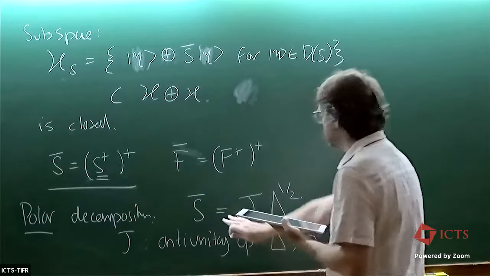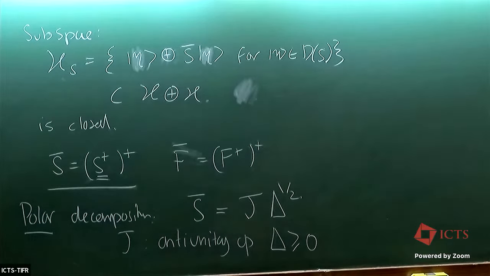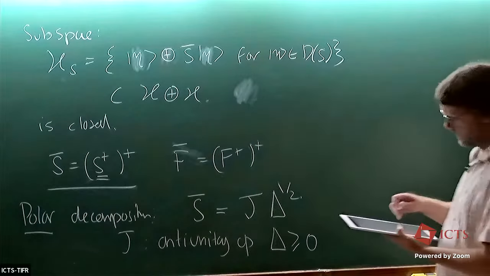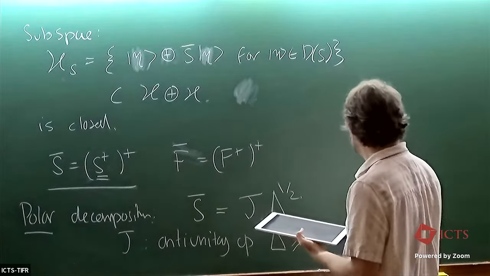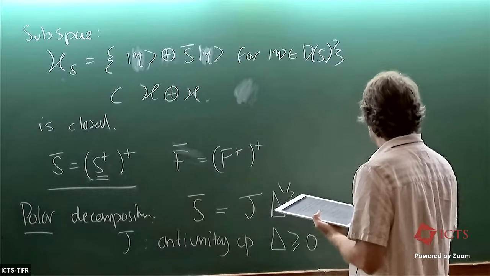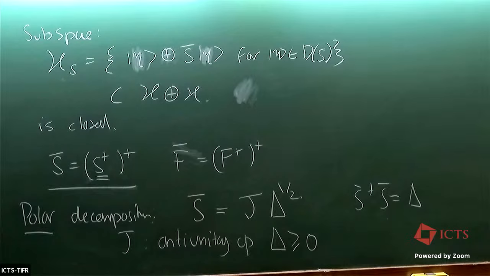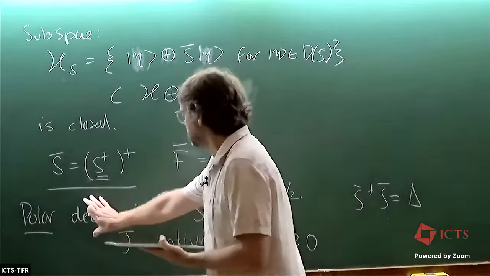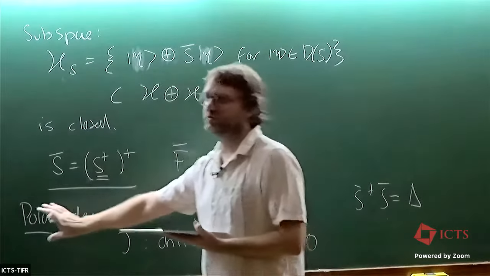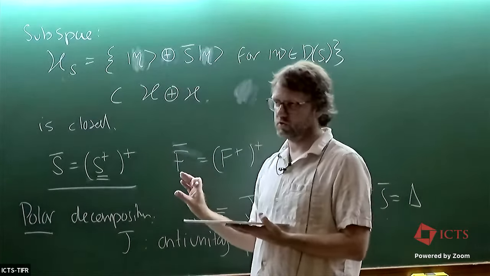So that's the polar decomposition in this form, and we're allowed to do it now. And in particular, S bar dagger S bar is delta. These things that I'm quoting don't work if you don't have a closed operator.